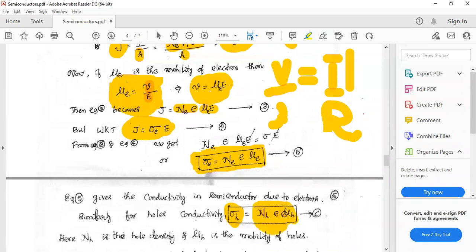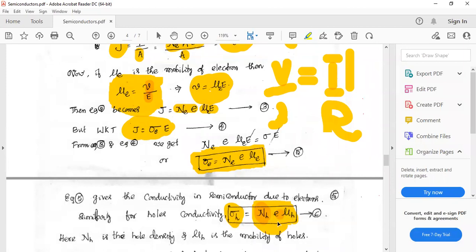You need not derive this sigma_h. You can compare with the expression for conductivity of electrons: in the place of electron density, substitute hole density, and the charge of each hole is the same as the charge of electron e. And in the place of mobility of electron, substitute mobility of hole.